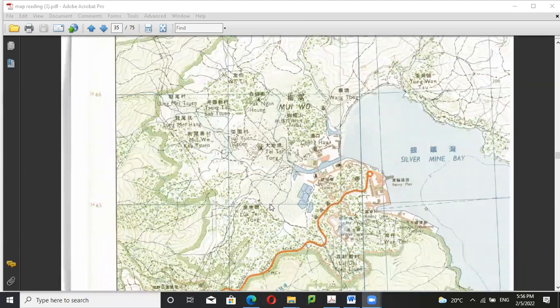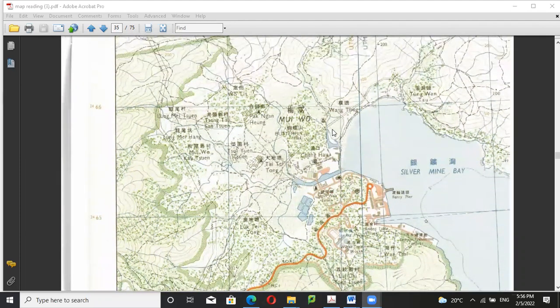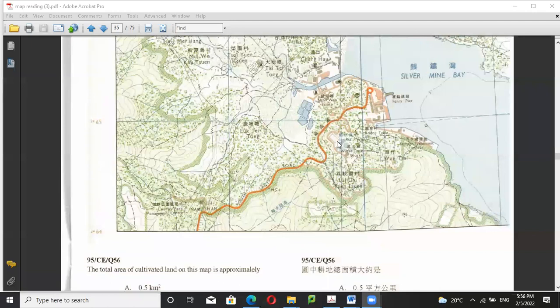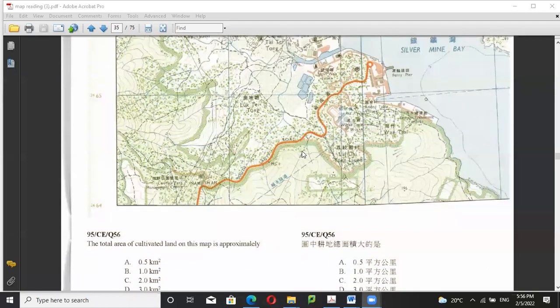It is almost right here, and you can calculate it with the ruler I have given, but I think it is almost occupying 1 square kilometer instead of 0.5 square kilometers. Which one will you prefer? I think most of you will choose 1 km square instead of 0.5 square kilometers, isn't it?